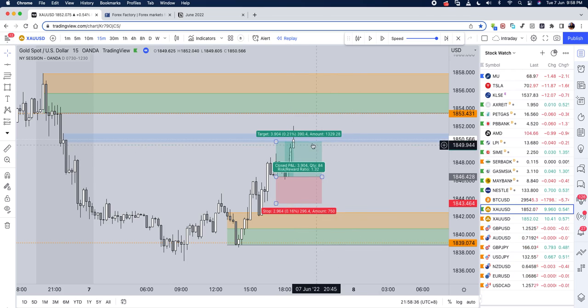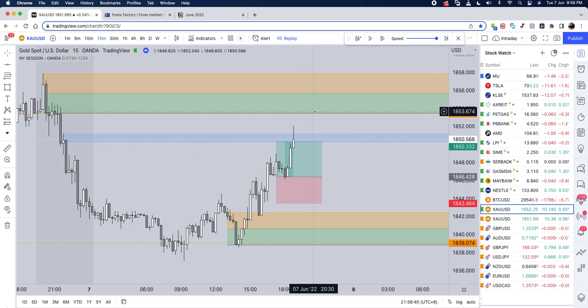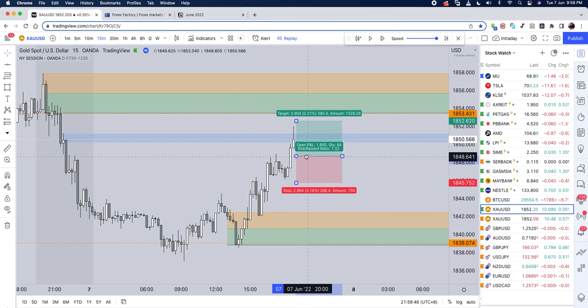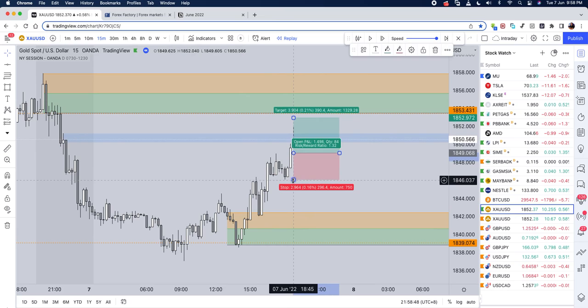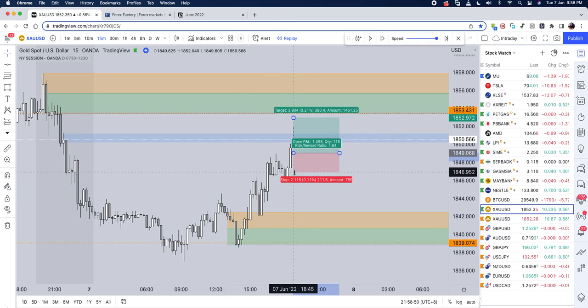This is a breakout, and then I was anticipating another pullback for it to go all the way down here, because I see this M15 zone has been broken. So I take the second trade here, and I was putting the stop somewhere here.